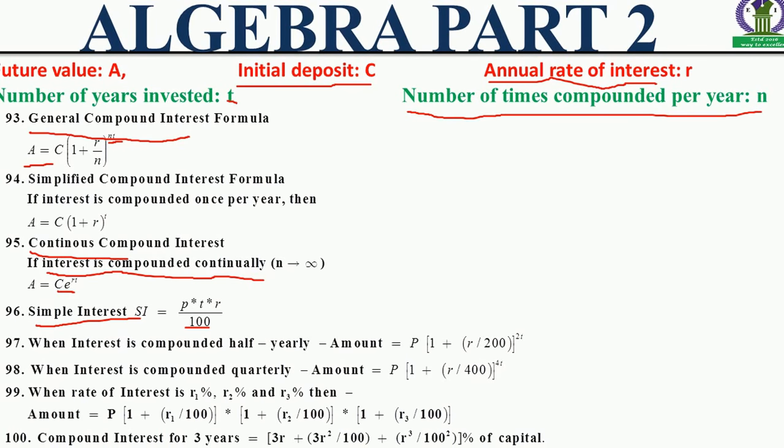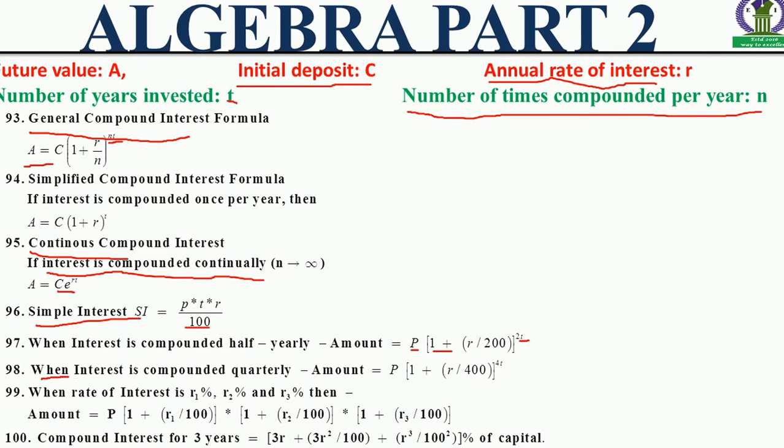When interest is compounded half yearly, the total amount after certain years is P bracket 1 plus R upon 200 to the power 2T.